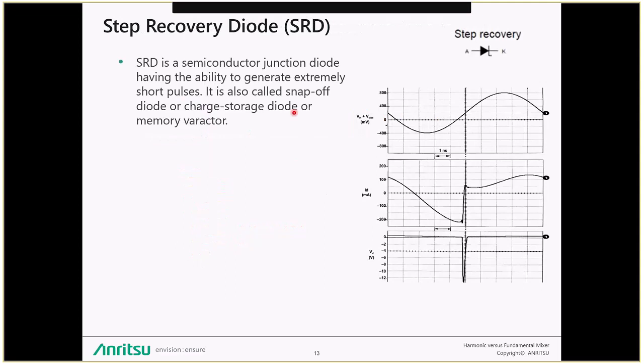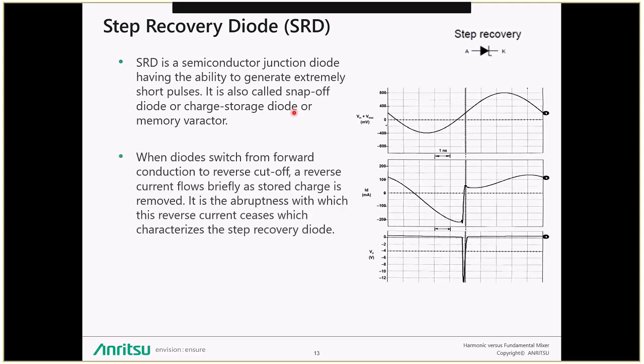So how does the step recovery diode work? Basically, a step recovery diode is a semiconductor junction diode, and it has the ability to generate extremely short pulses. Basically, it works like a varactor or a charge storage diode.